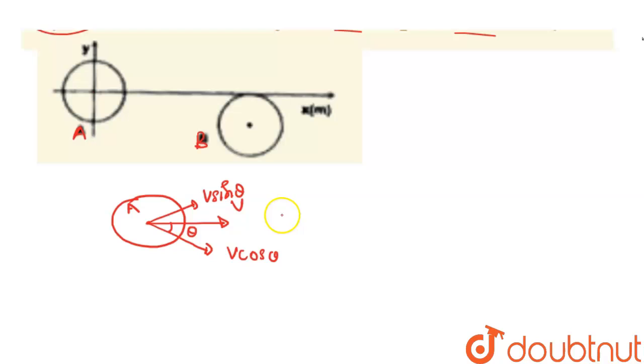Alright, so when A and B collide, since B is at rest, this will be our scenario. This is A, this is B, and this is its radius.